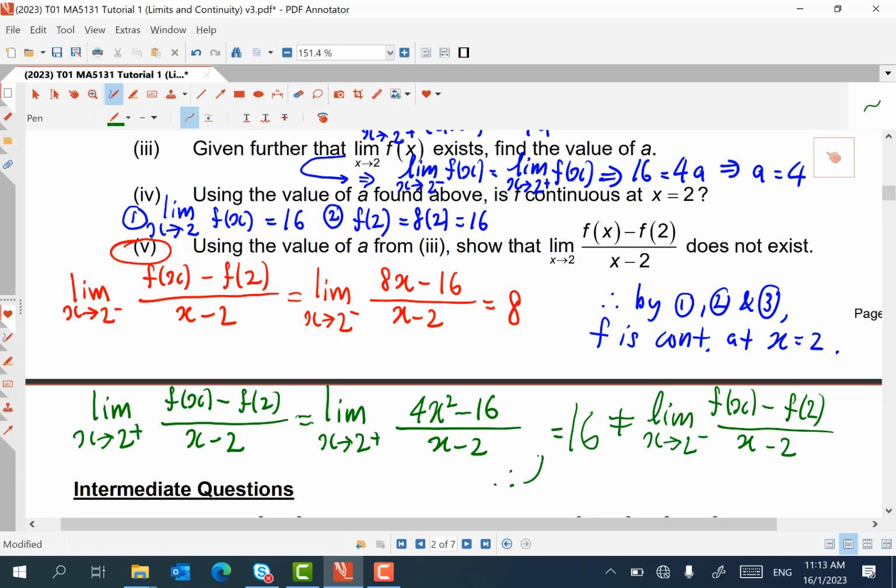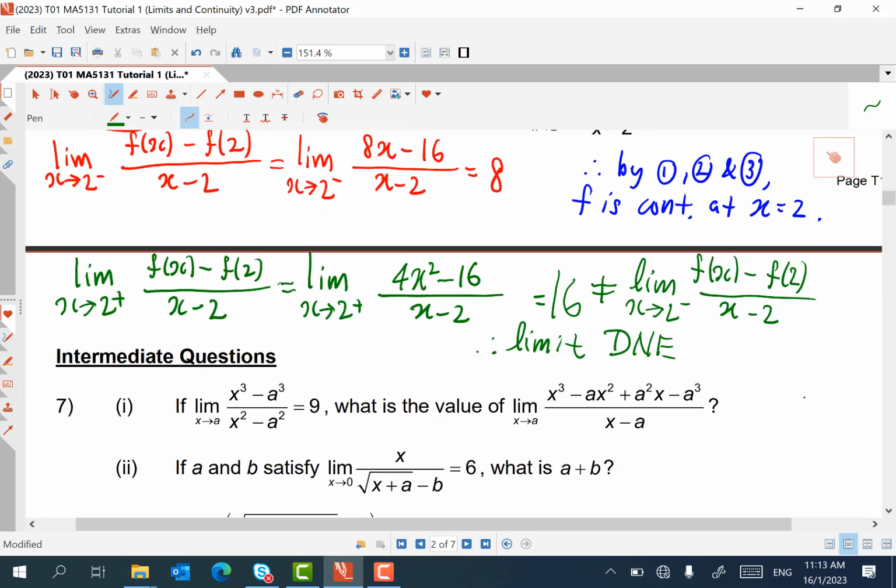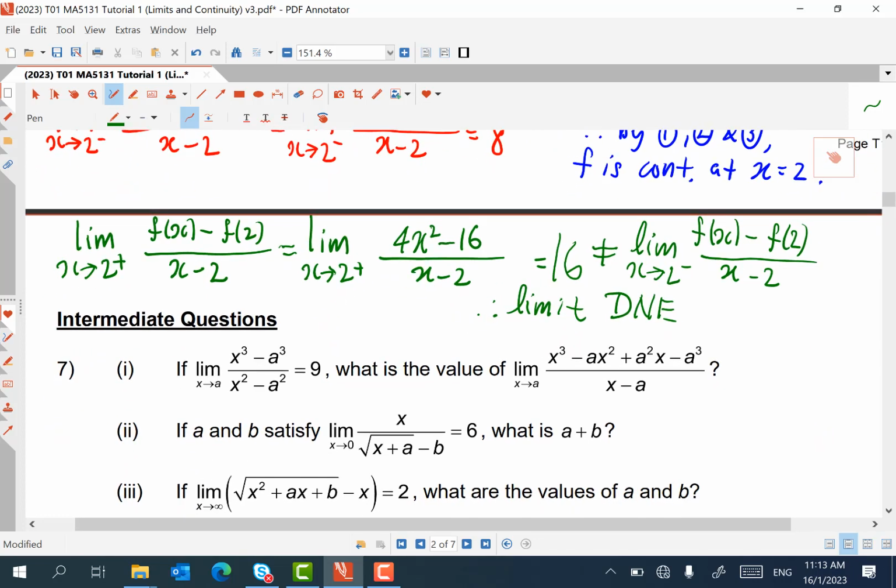Therefore, limit does not exist. So this is how you ought to do the part 5. Okay, these are the easy questions. Right. So like what Kenneth said, these are the manageable questions.